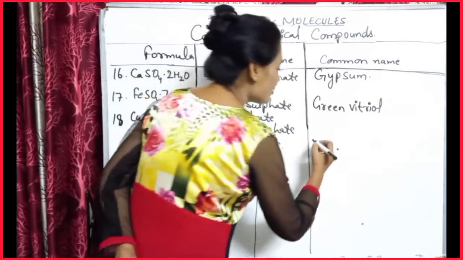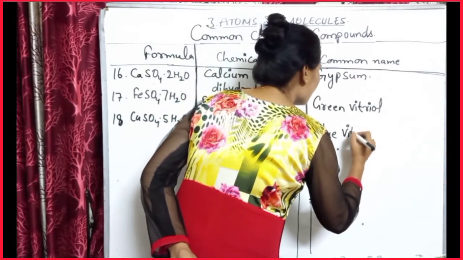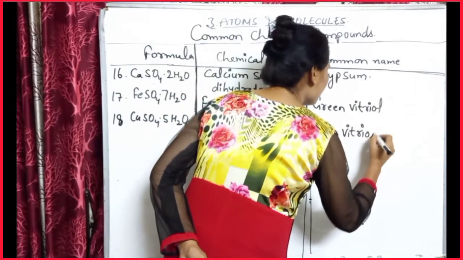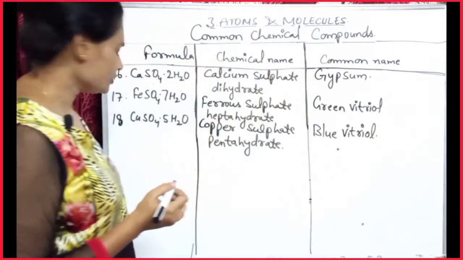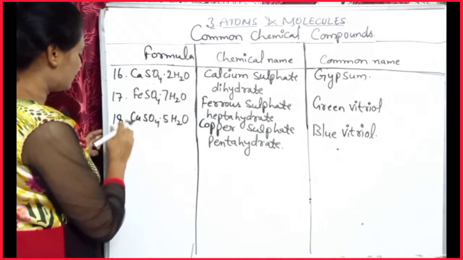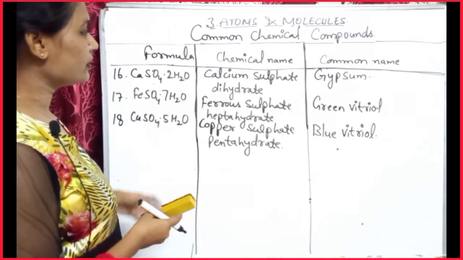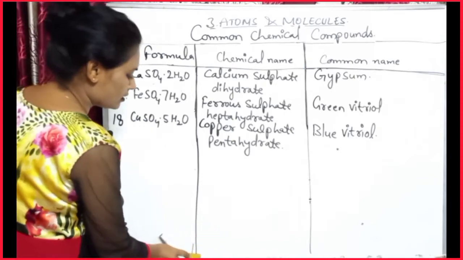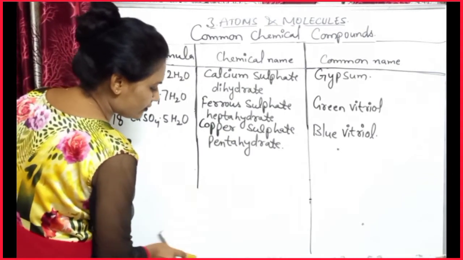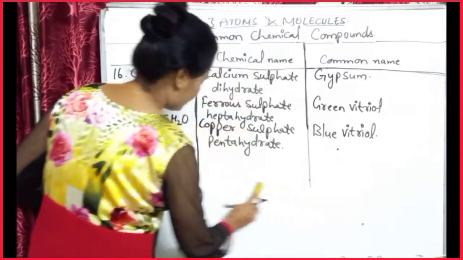So that is known as blue vitriol. Okay. Bleaching powder we have done, green and blue vitriol we have done. I think most of the formulas that we commonly use, we have done.